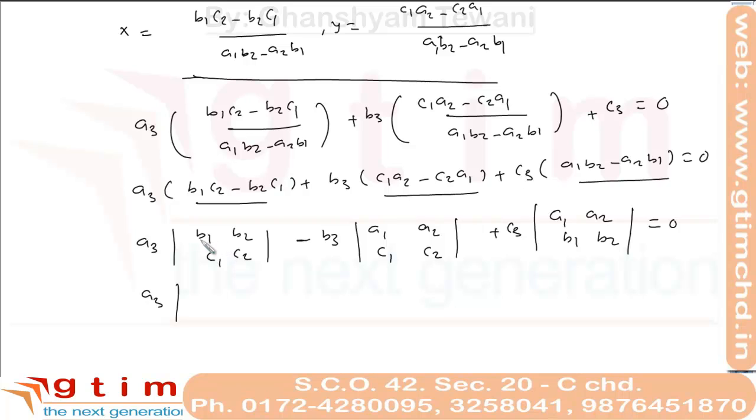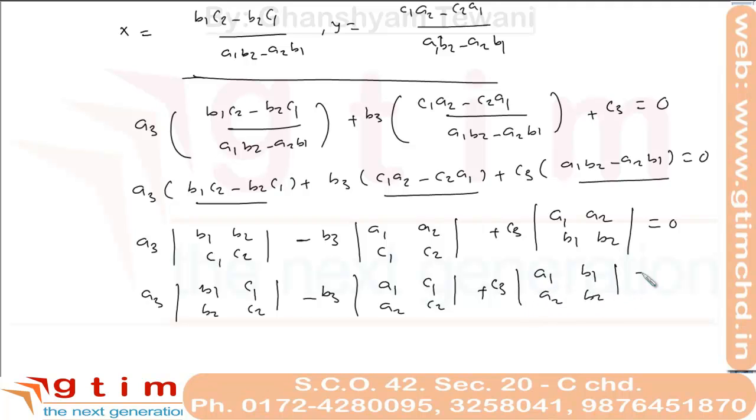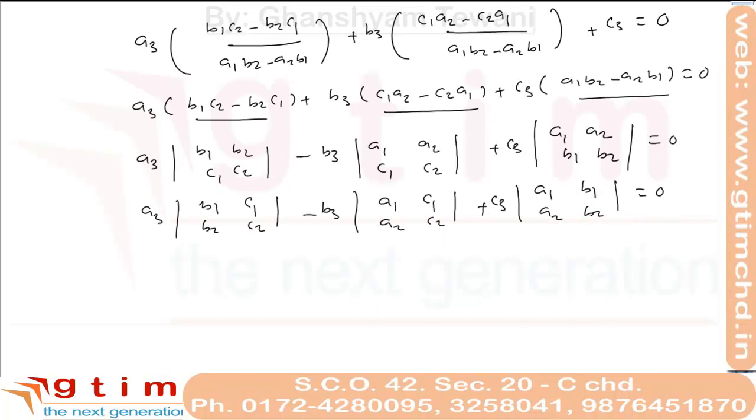We can interchange rows and columns. We can also write this as the determinant b1 b2 c1 c2, minus b3 times the determinant a1 a2 c1 c2, plus c3 times the determinant a1 a2 b1 b2, and this is equal to 0.